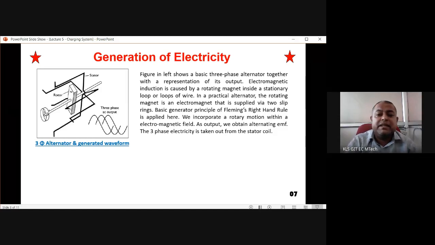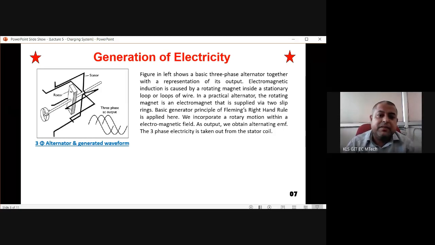So electromagnetic induction is caused by a rotating magnet inside the stationary loop or loops of wire. So this is the rotor. This is a magnetic rotor, and this is produced by an electromagnet. So through the slip ring, we have to connect some kind of external supply to this electromagnetic rotor, and with that supply, the magnetic rotor is rotating. Some external rotating force is also given, and that is coming from the engine and other parts.